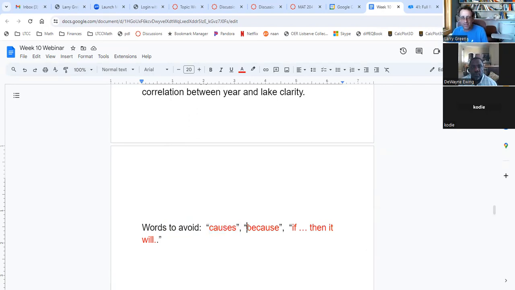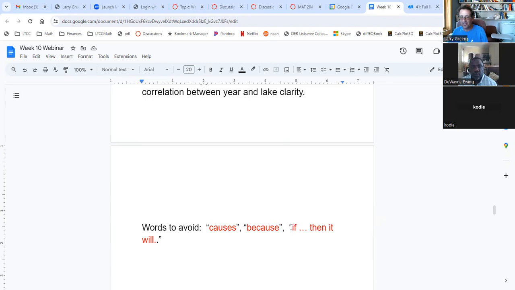Something I've noticed a lot of people haven't thought about is that if you look at the word because, most of that word is the word cause. So avoid the word because, since it has the word cause in it. Also avoid the phrase "if da da da da, then it will."